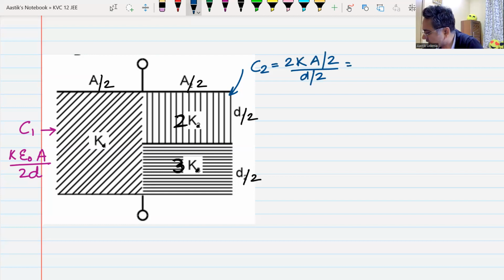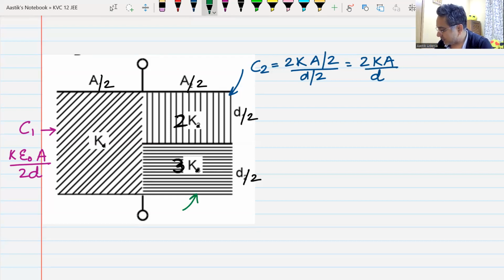So yes, I think you will get that, 2K A by D. Okay, sorry. Let us find the capacitance C3 of this one. What is the capacitance of this one? 3K A by D. A by 2 and D by 2, the half will cancel.